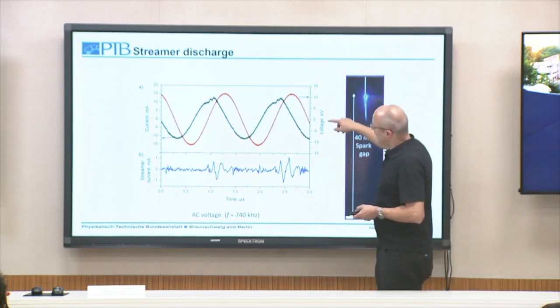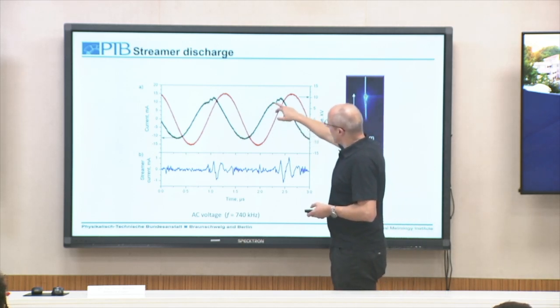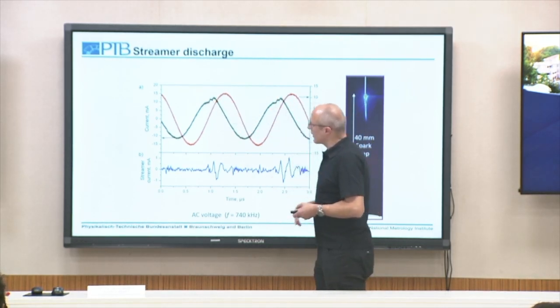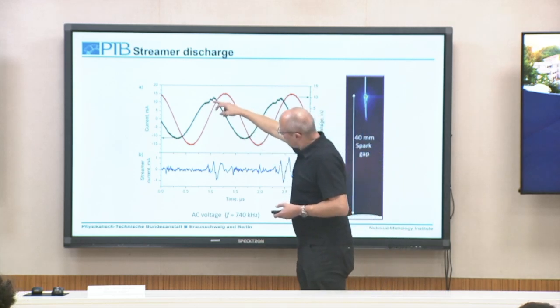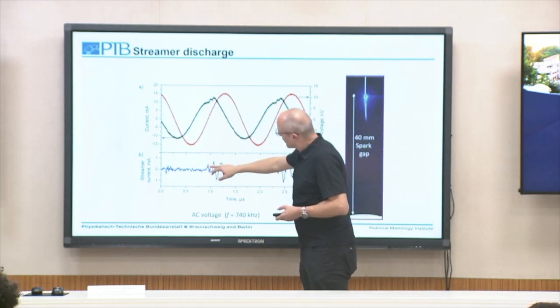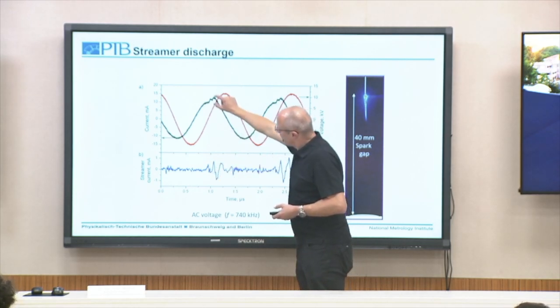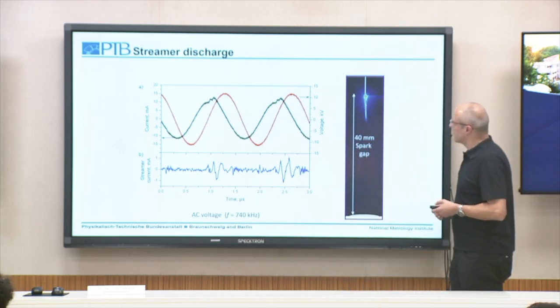And so here we see voltage and current. And you see here in the current some change in the structure. And when we use a proper filter, we can see that there is some current flowing at these specific positions.